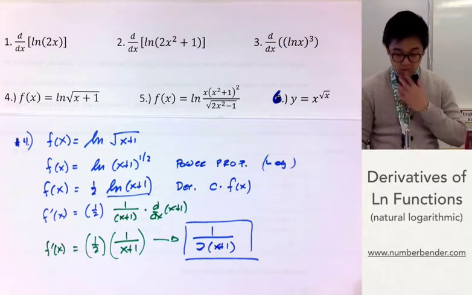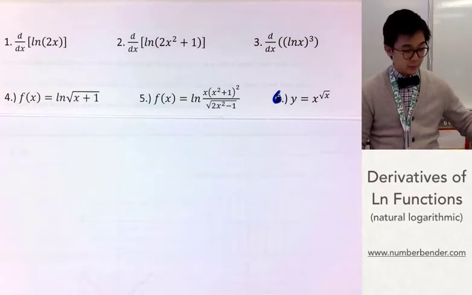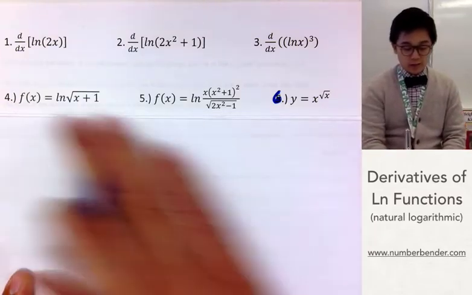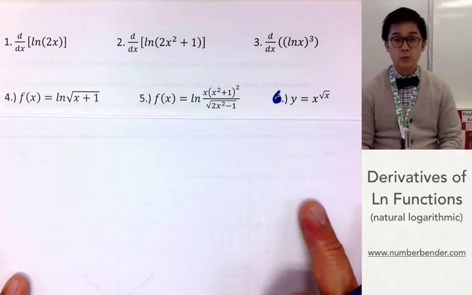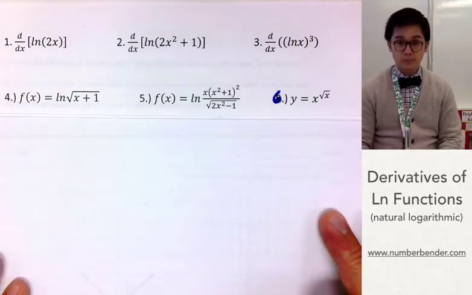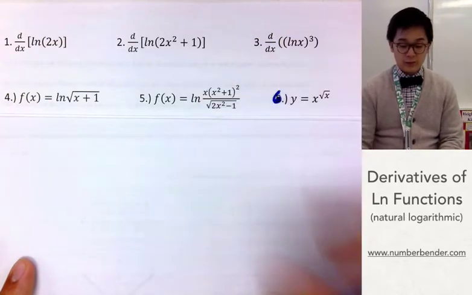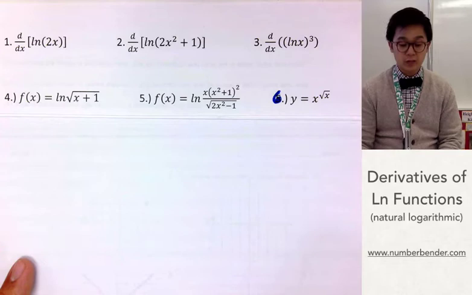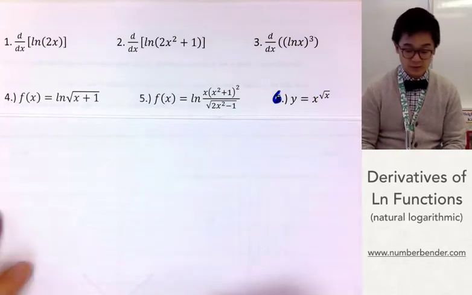So this is how we find f prime of x, or the derivative of the function ln of the square root of x plus 1. Now let's have problem number 5, which is a little bit more complicated than problem number 4. So what we're going to do is, instead of using the quotient rule, we're going to expand our logarithm. So we're going to rewrite the function before we take the derivative.